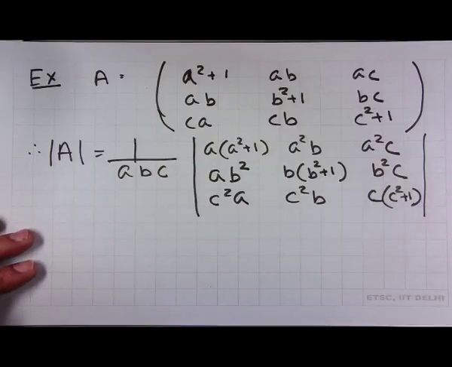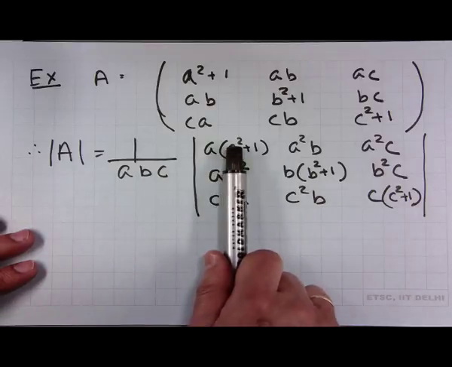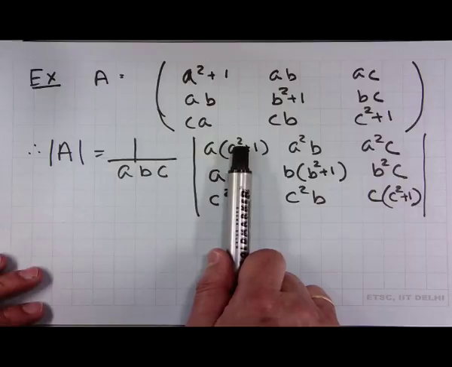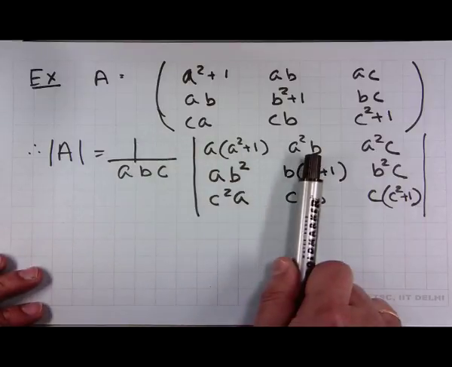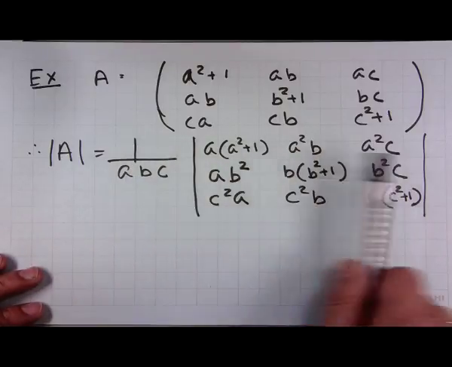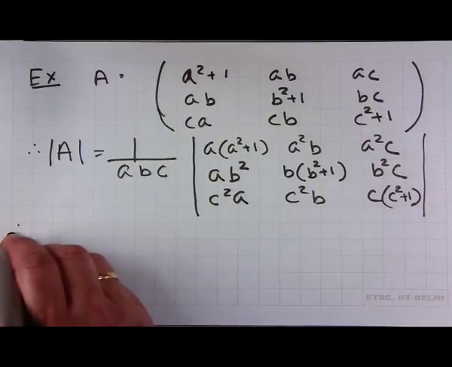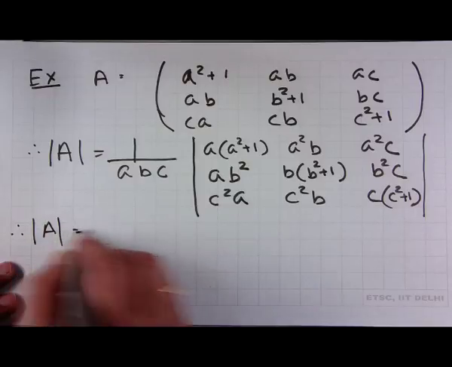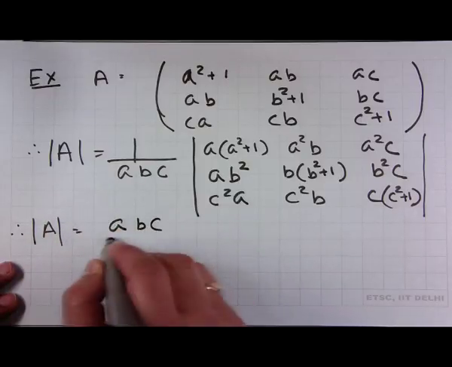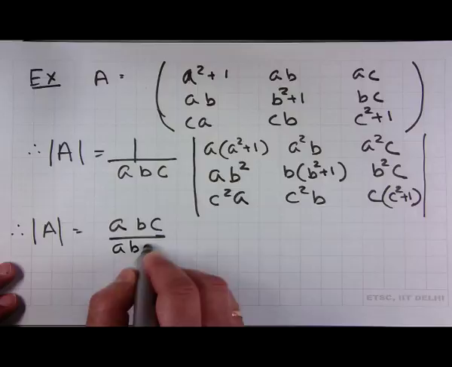What is the advantage? The advantage is that now we can take a common from the first column, b common from the second column, and c common from the third column. Therefore, determinant of A is equal to abc divided by this abc.